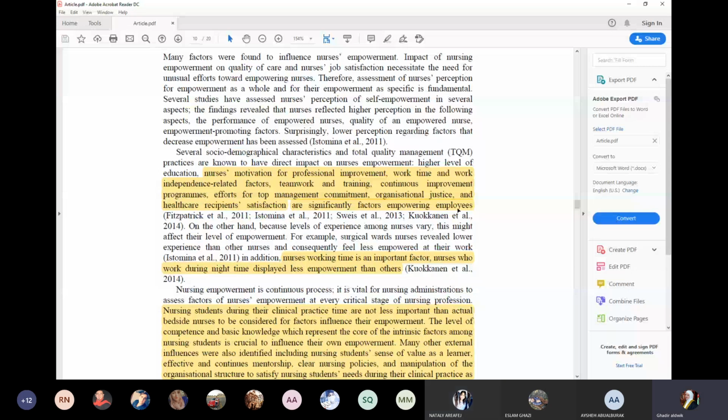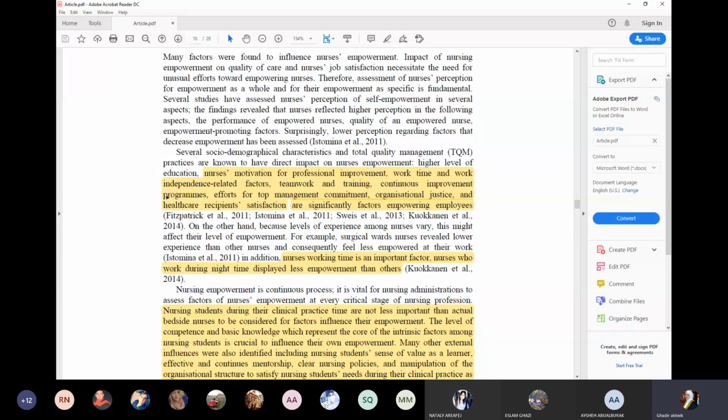Here we are talking about strategies that enhance nurses during their clinical area. So here we are talking about the clinical nurses and the motivation factors related to them. For example, working time. Some of them say that 12 hours per day is difficult for them. Maybe 3 shifts is better for them to be more empowered.